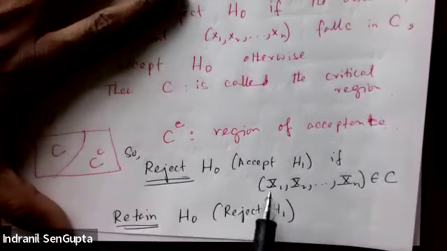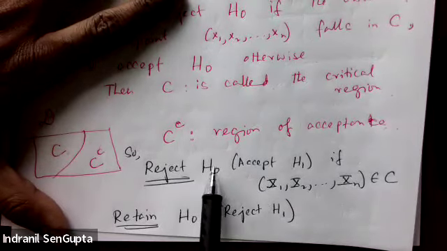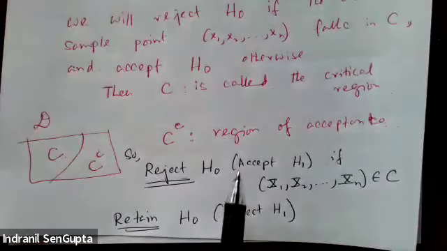Remember, H0 is the null hypothesis, and H1 is the alternative hypothesis.